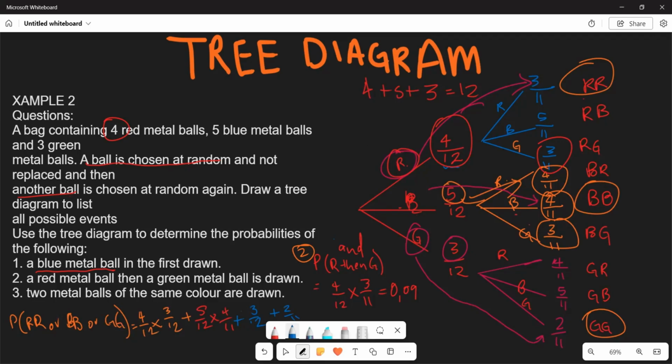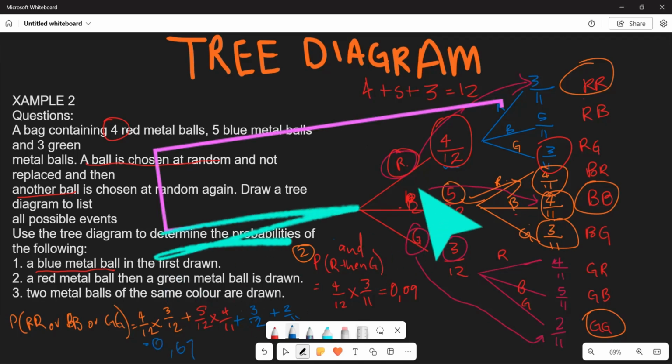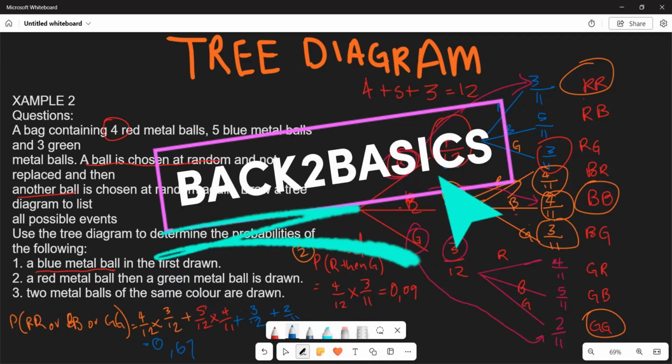And that is going to be that particular answer. Then we say plus 3 over 12 multiplied by 2 over 11. And then the final answer that you're going to get for the probability of the same color is 0.67. So basically, this is how we do our tree diagram.